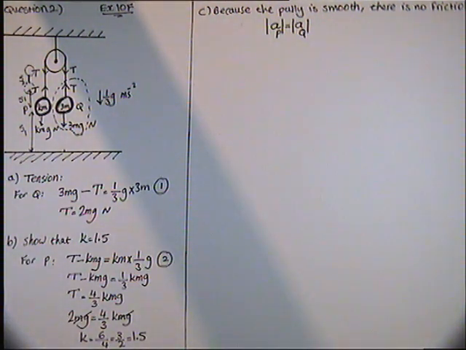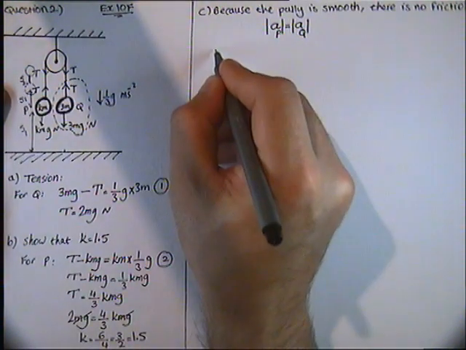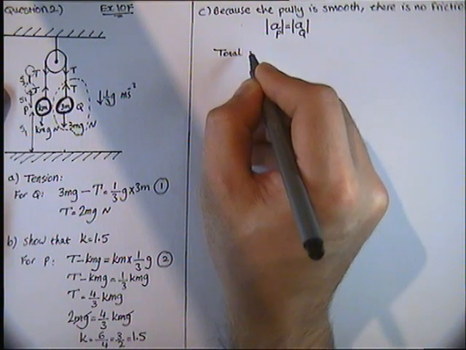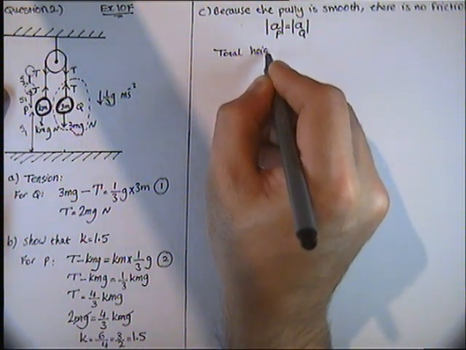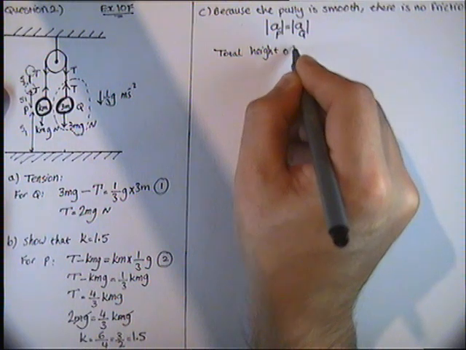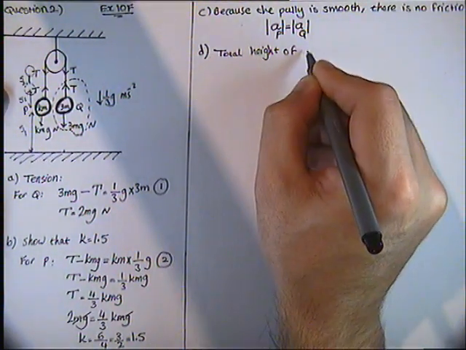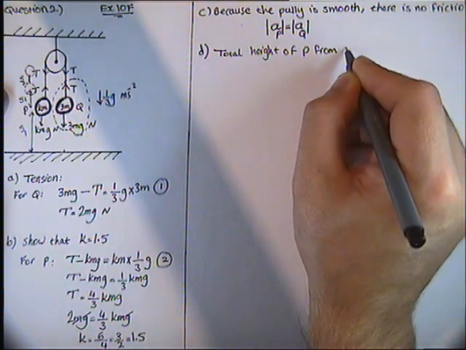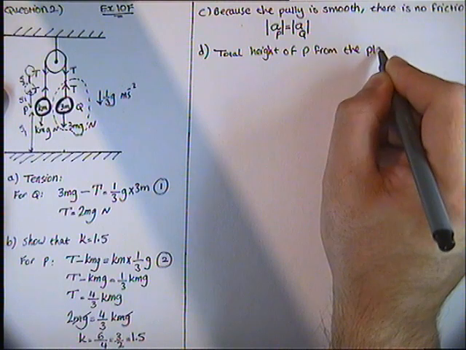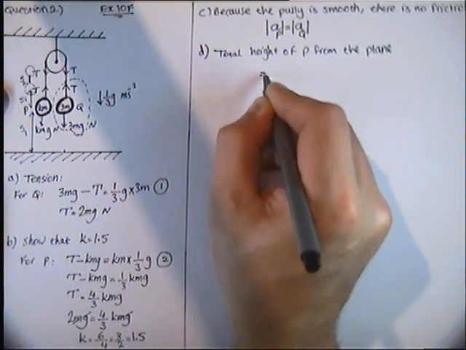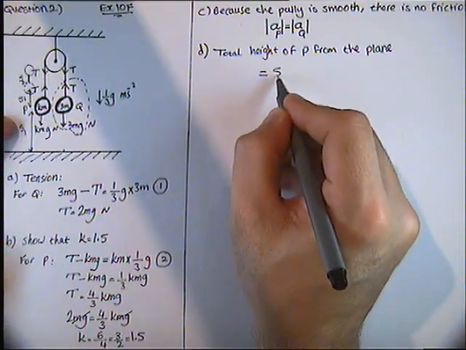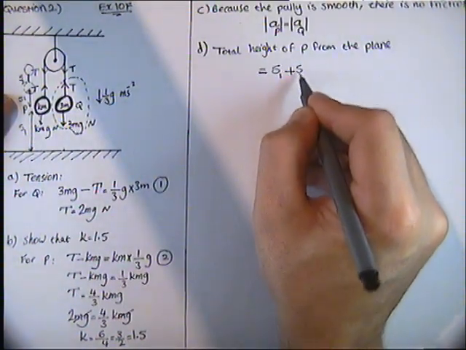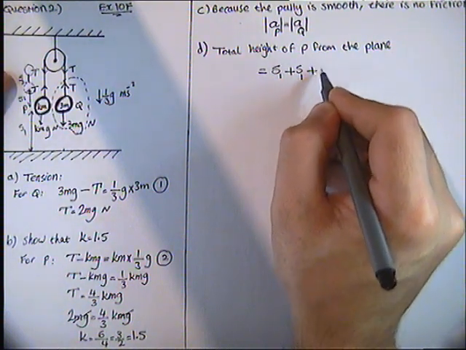So therefore the total height, rather than distance, of P from the ground or plane should be equal to S1 plus another S1, which is this one, plus S2.